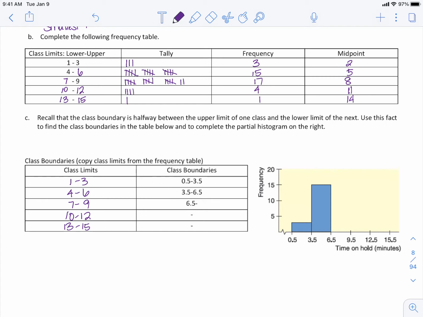So our class boundaries are 0.5 to 3.5, 3.5 to 6.5, 6.5 through 9.5. Then we'll have 9.5 through 12.5 and 12.5 through 15.5. So again, we use the class boundaries to label the x-axis.